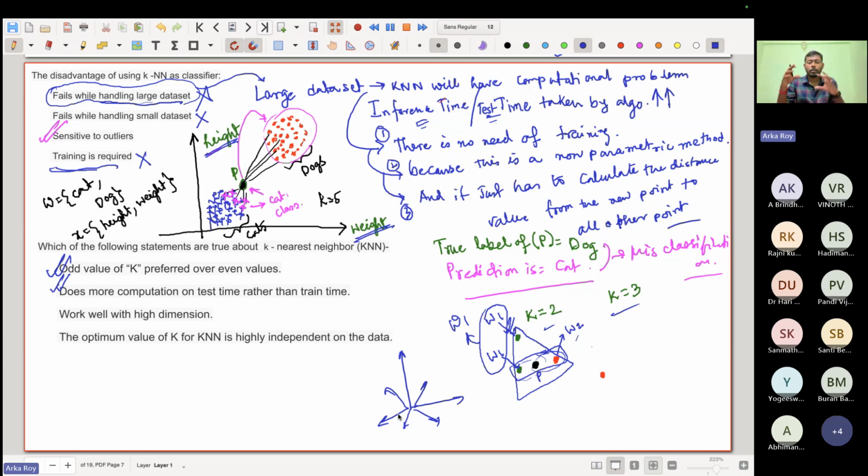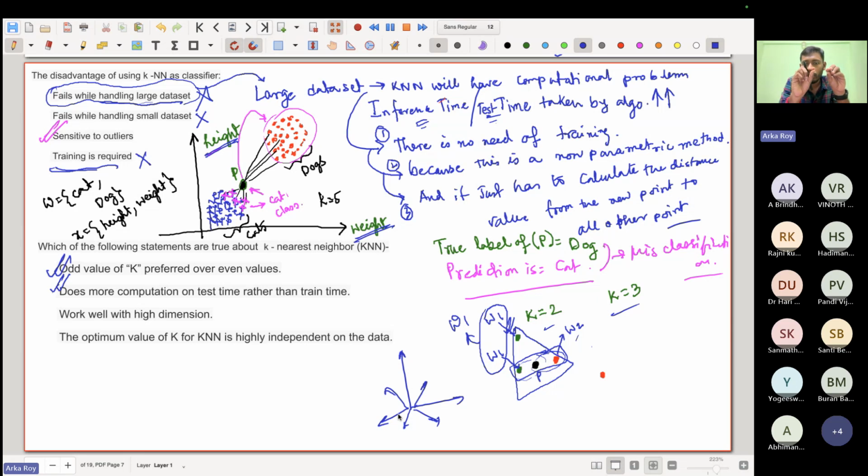Now consider placing data points in a 100-dimensional space. This is a rule in statistics as well: if you have higher and higher dimension and you try to calculate the distance from these points, they are almost equally likely to have similar distance from all other points.